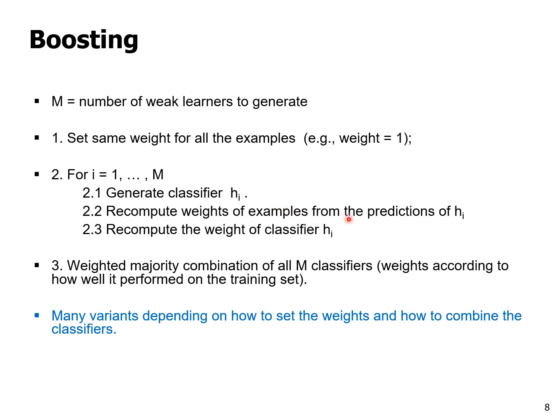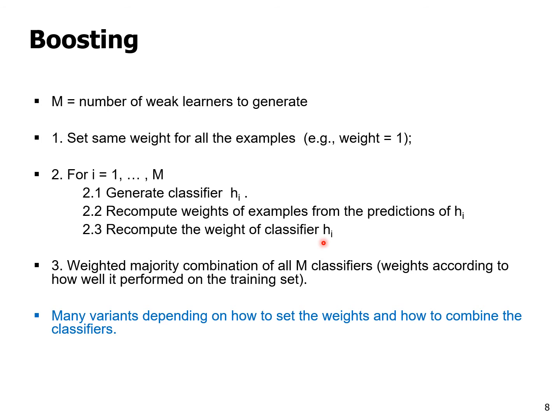From the predictions of this classifier h_i, we recompute the weights of each data point. If the prediction is correct, we decrease the weight. If the prediction is wrong, we increase the weight. And then we also recompute the weight of each classifier. The weight of a classifier is again the importance of the classifier, and it goes up if the accuracy of the classifier is high.